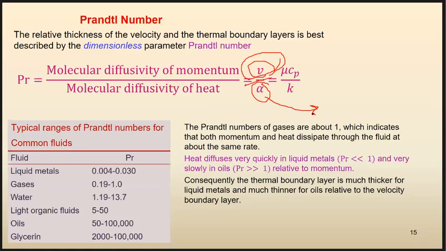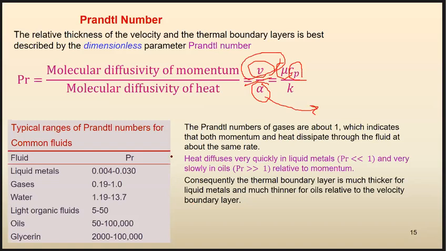That's what its meaning is, and I'm going to talk about it a little bit more in the next slide. Or it is also equal to mu, dynamic viscosity, times Cp, specific heat, divided by conductivity.